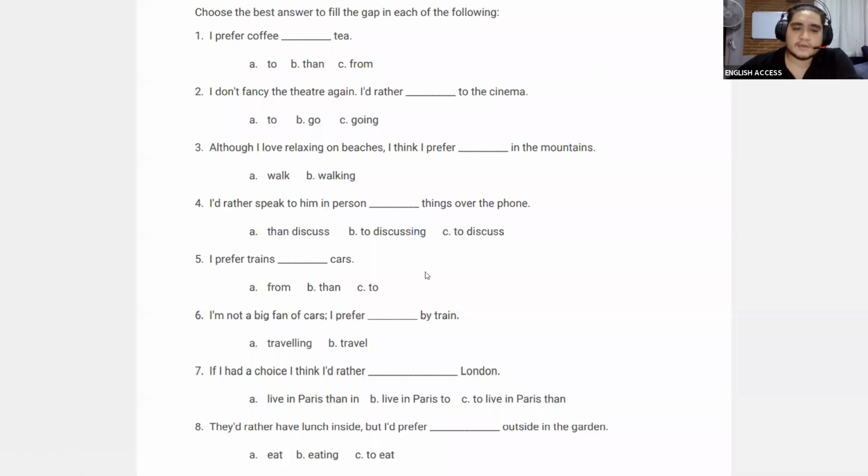In some cases you're going to have sentences like this, but different answers. You need to choose one. Take 2 minutes, or let me know if you finish before that. Okay, go ahead.